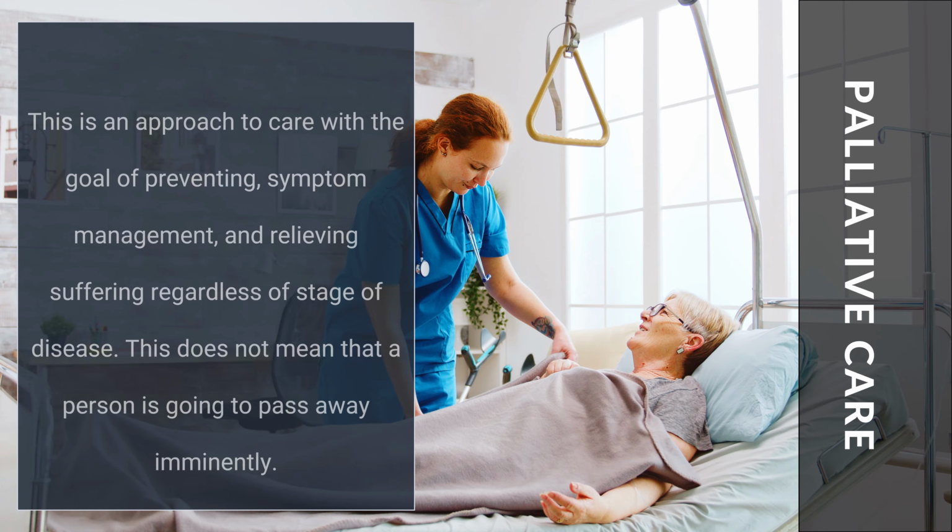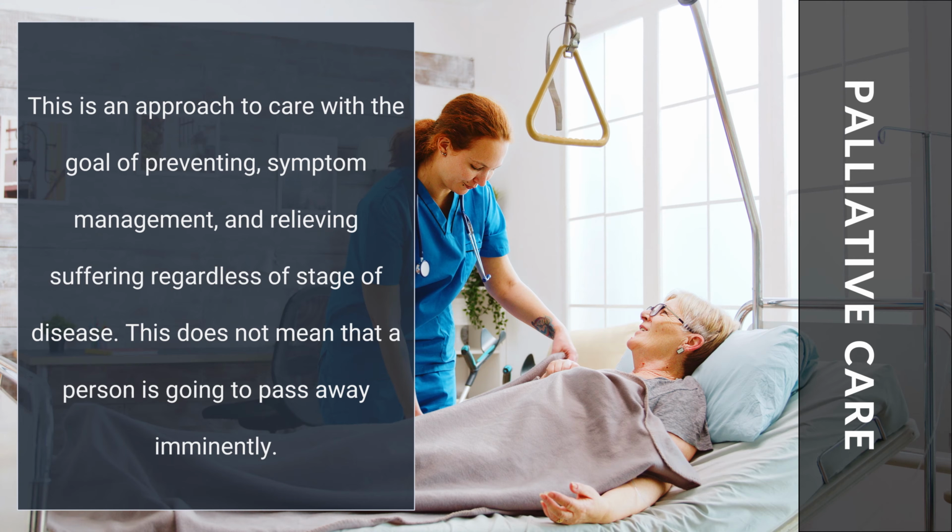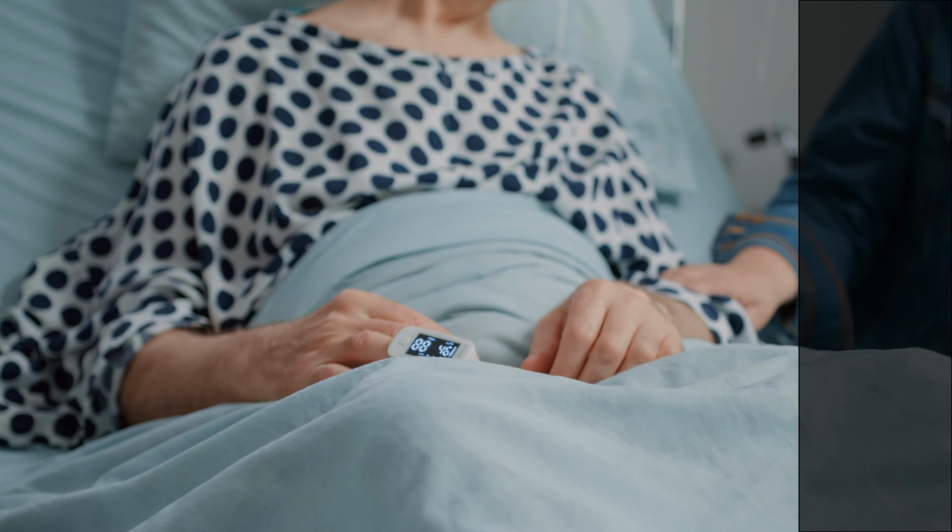This is the approach to care with the goal of either preventing or treating symptom management or relieving suffering, regardless of the stage. It doesn't mean the person will pass away immediately, like we just said before, but it's just, hey, you have this life-limiting illness that will take you away eventually. So that's what palliative care means.